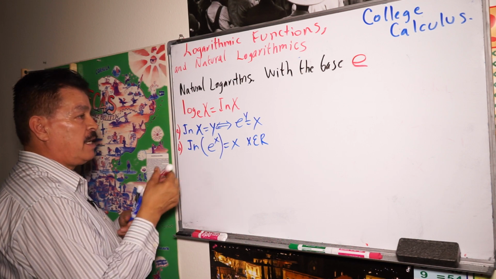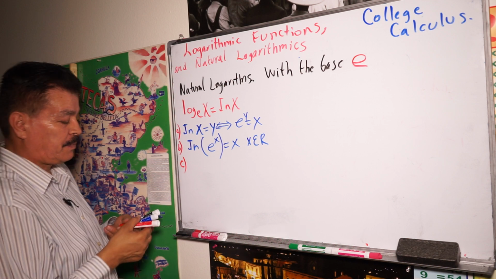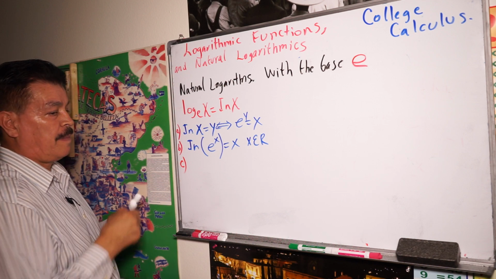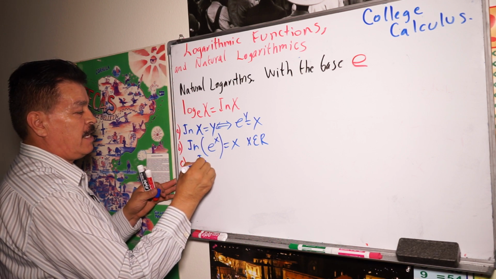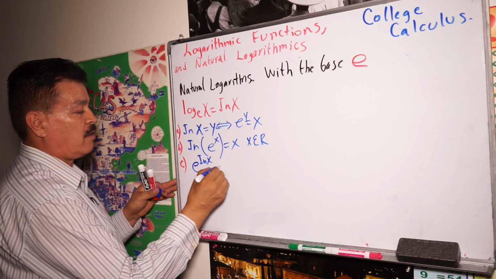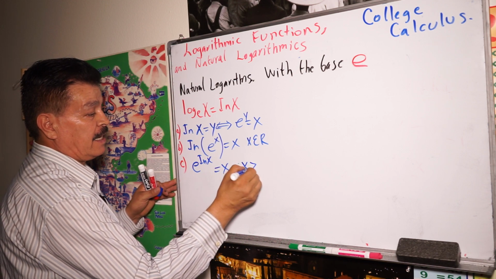So number 3: e to the ln x power equals x, when x is greater than 0.